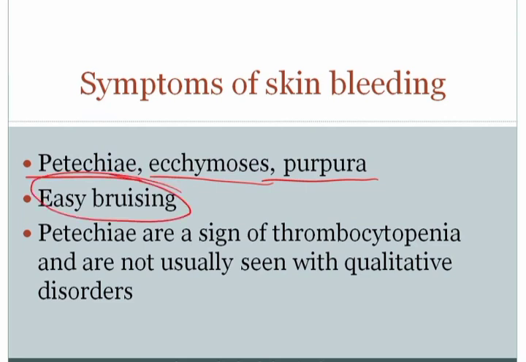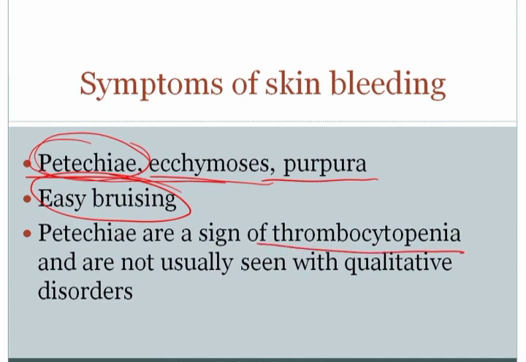So patients with thrombocytopenia, or rather, patients with disorders of primary hemostasis, would also exhibit easy bruising. Now, one of the important things to note is that when we talk about petechiae, ecchymoses, and purpura, when we get this type of bleeding, it really is a sign of thrombocytopenia.